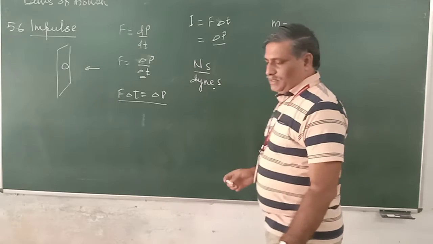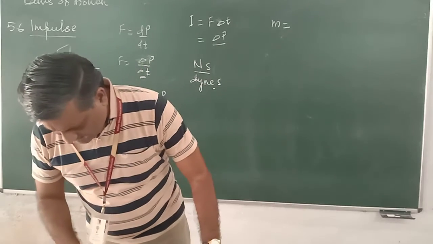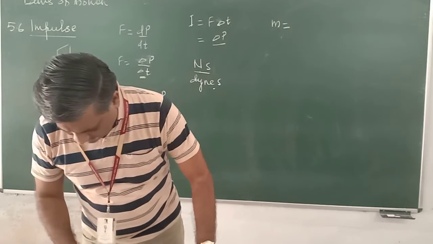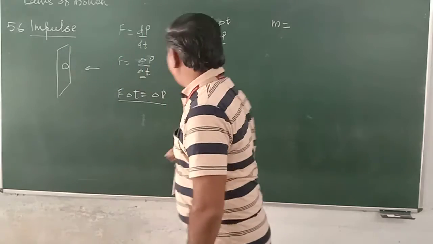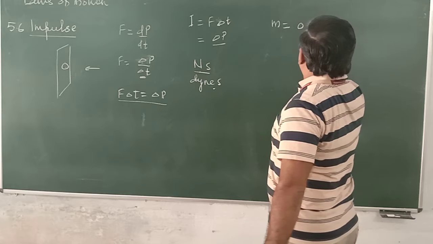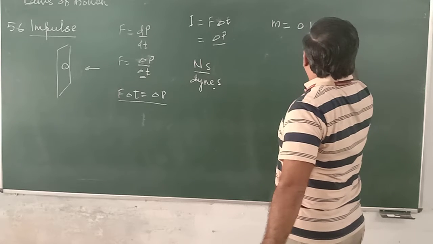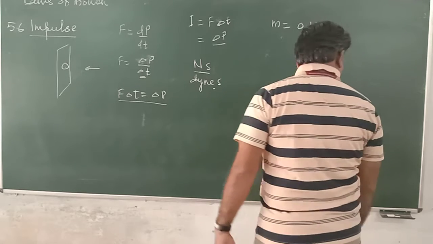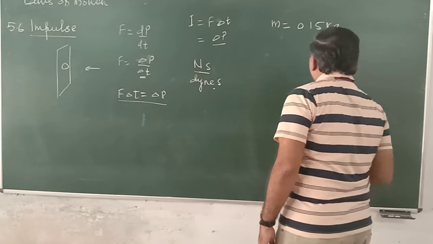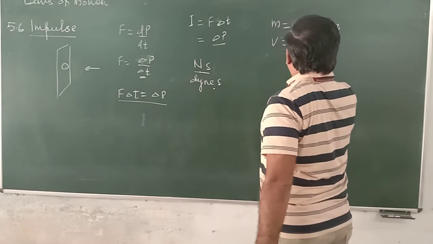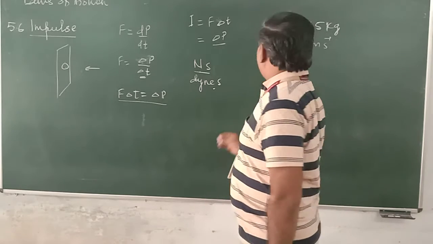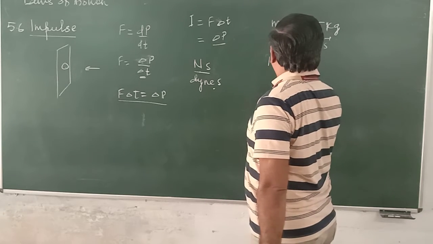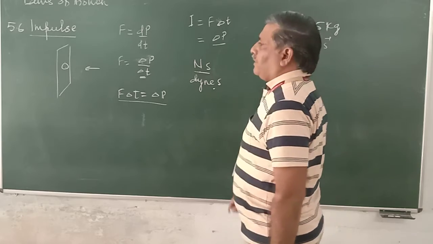The mass of the ball is given as 150 grams, that is 0.15 kg. Its velocity is 12 meters per second. What is impulse? Impulse is equal to F into T.